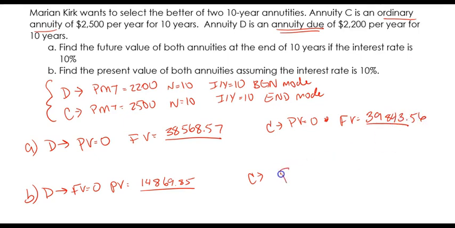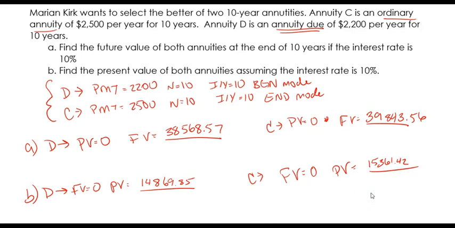$39,843.56. Solving for present value, I got $15,361.42. So this doesn't really ask a specific question. This is just telling you to calculate the future value or present value.